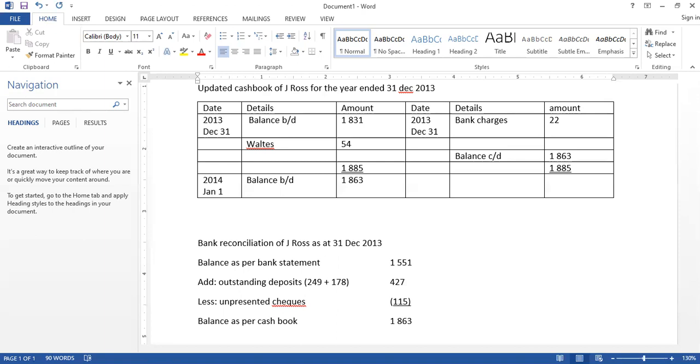And then you go to number 3. Number 3 says the following checks issued by the entity have not yet been presented for payment. What does this mean? What type of account is it? Where are we recording this transaction?